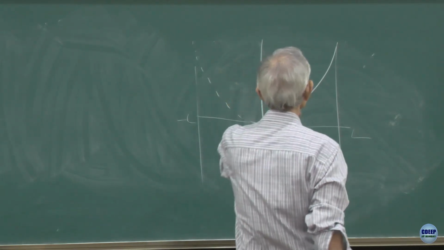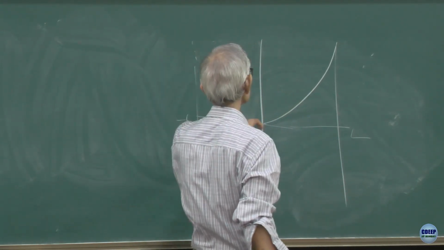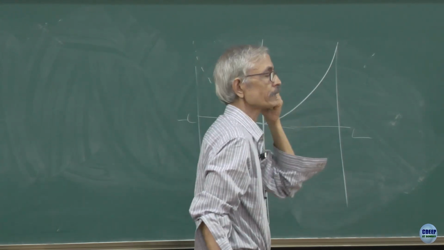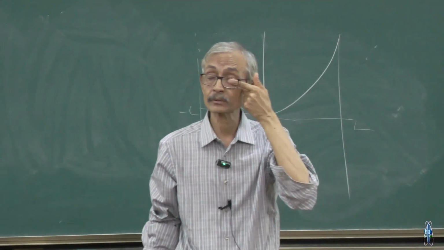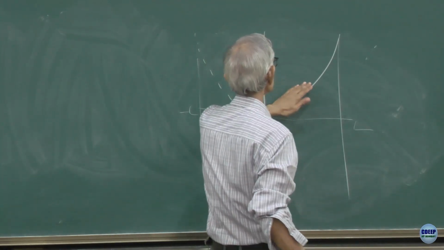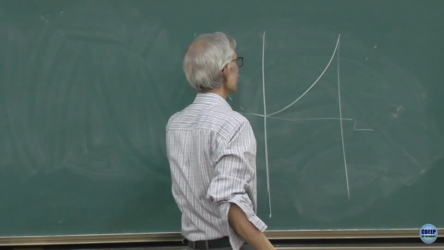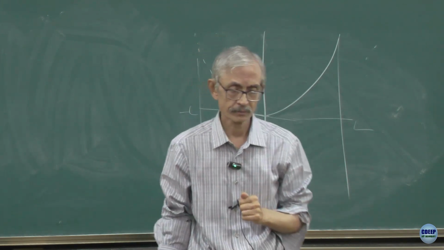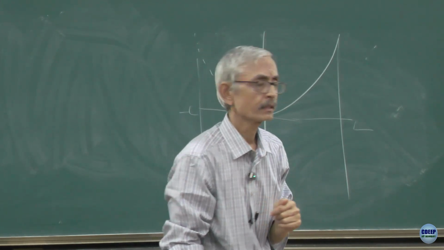So this guy, I can just extend this dotted line, and then now I can say that this is going to be an even function, because this is just the mirror image of the given function. Okay, so that's an even function.